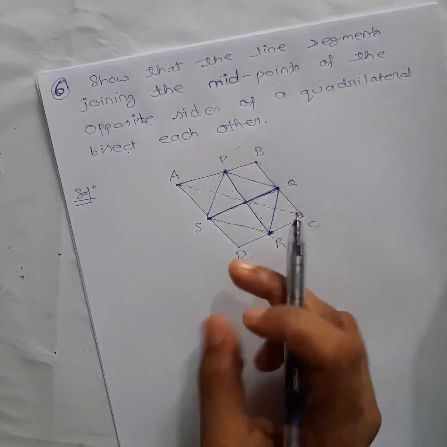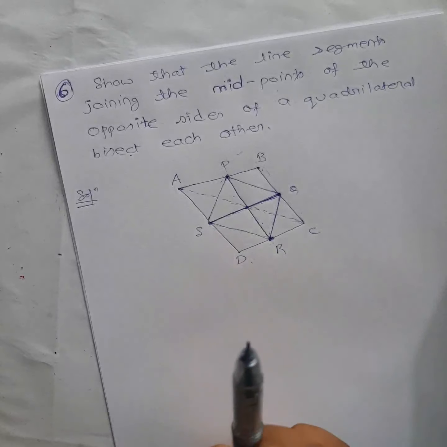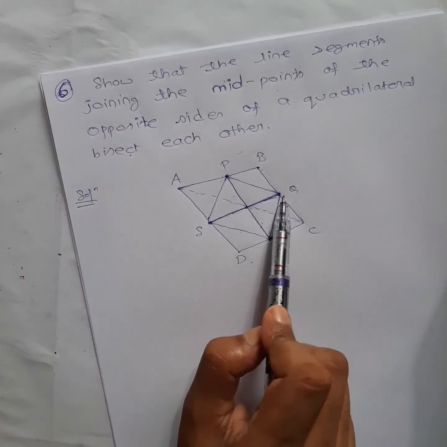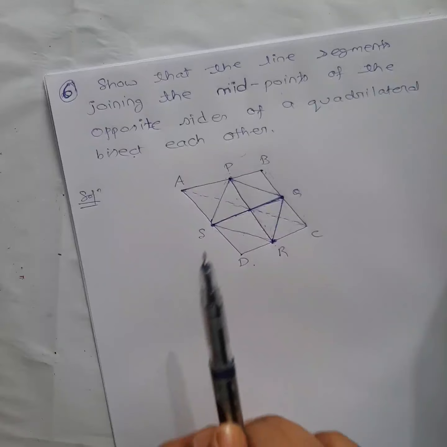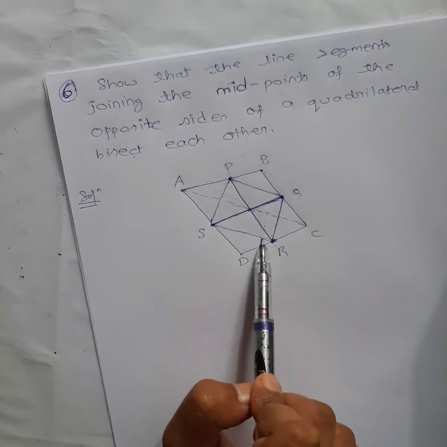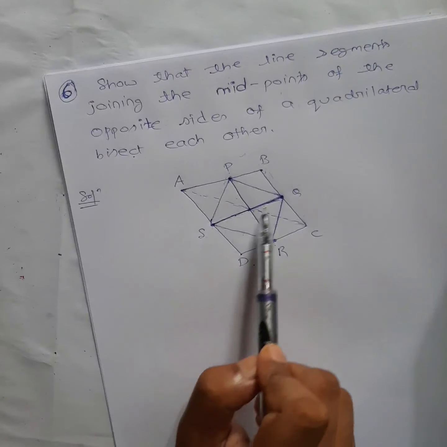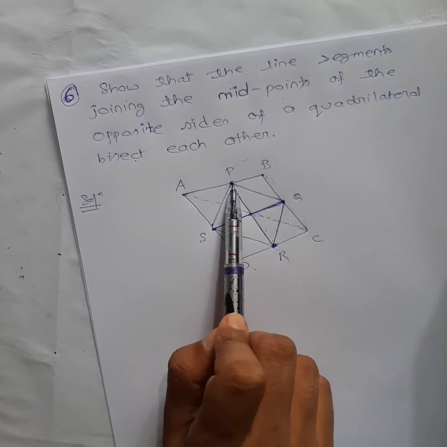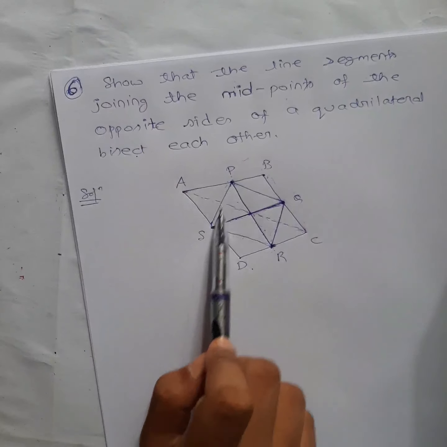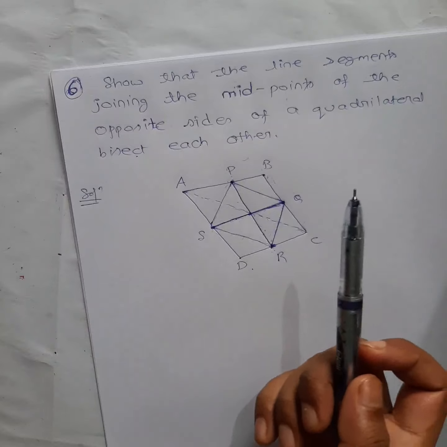Can you see how I am finding the solution? First, what I have done is I have seen there is a midpoint, and I know that I have to show that these lines bisect each other. Bisecting each other means I will try to show this is a parallelogram. Now how do I think about that?